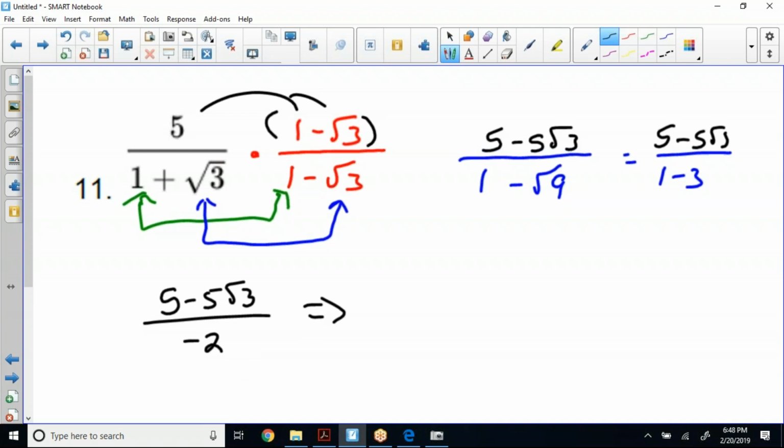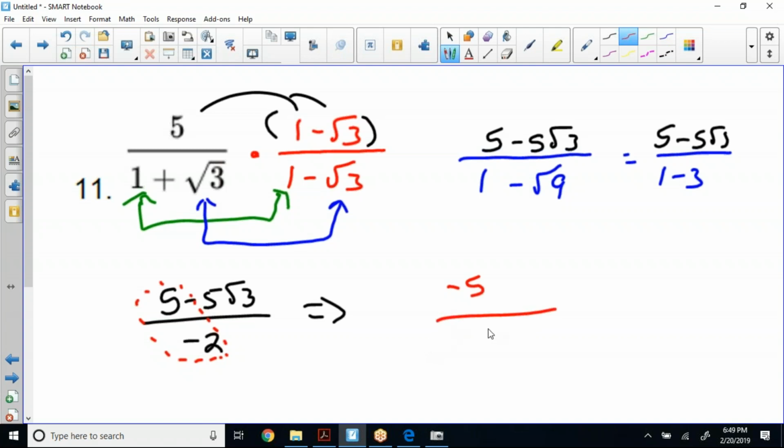Okay, here's the tricky part. Every bit of this right here, you got to get that negative out of the denominator. So what you got to consider is, don't split it, but think about it in terms of splitting. I'm going to look at this right here first. 5 over negative 2 is negative 5. Do y'all agree?